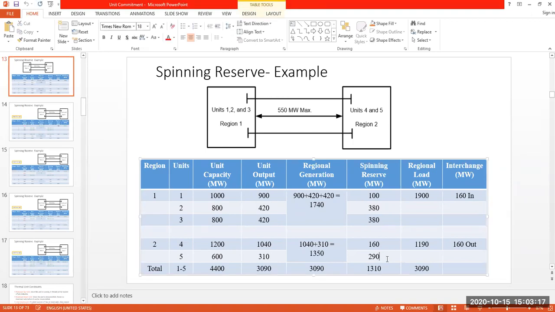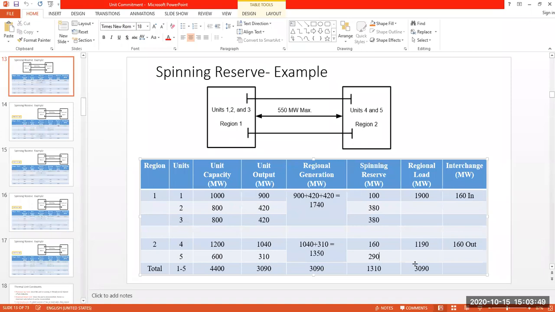My question is, region 1 is not self-sufficient, so why go there and take? No, region 1 is self-sufficient, because the regional load is 1900 and the regional generation is 1740. But still you have sufficient spinning reserve to satisfy the total demand, right?